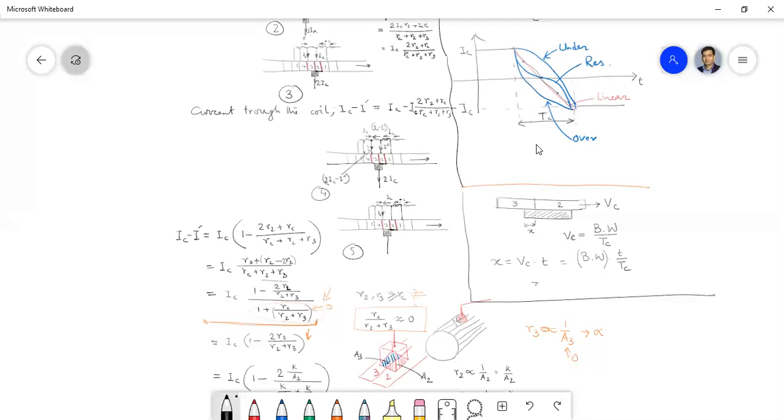So what is the proportion? The total current is 2IC. Now the proportion is X and the total brush width is this. So this is the proportion by which the I double prime will flow.